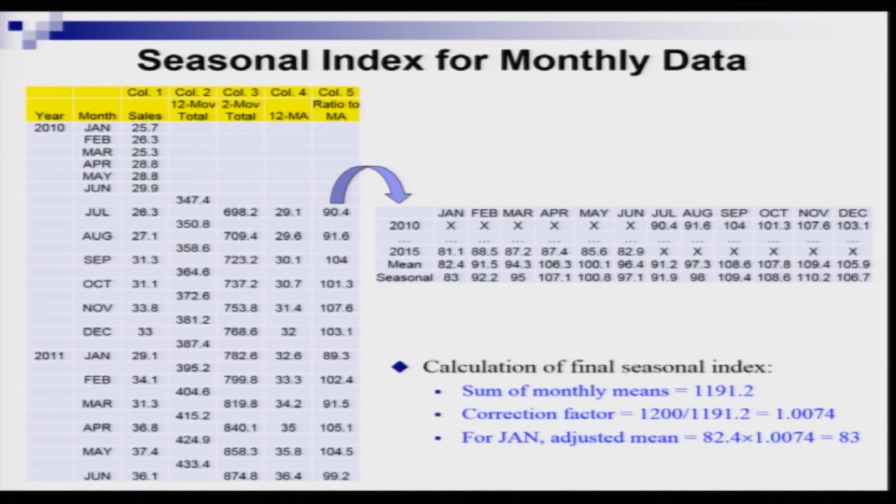Now you have to calculate the adjusted mean, and this will give you the final seasonal variation factor. For example, for the month of January, I am showing the calculation. You have this unadjusted arithmetic mean for January being 82.4. You multiply that number with the correction factor and you get 83. So 83 is the final seasonal variation factor for your data set.